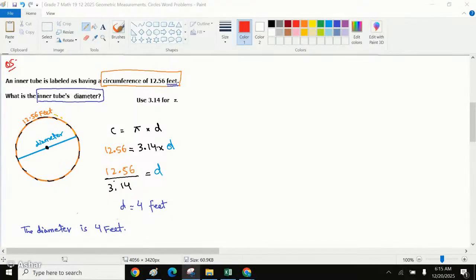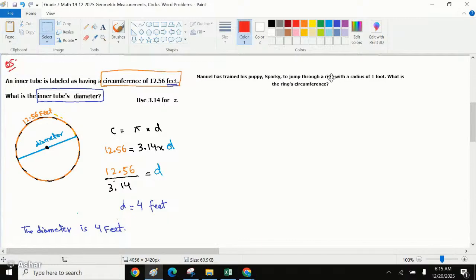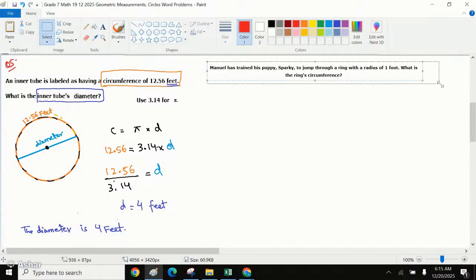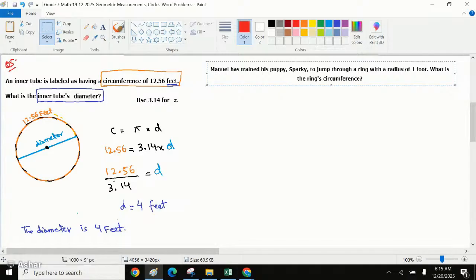Let's see what the question is asking us. What is this ring's circumference? I'm just aligning the question so that it's more clear to us.